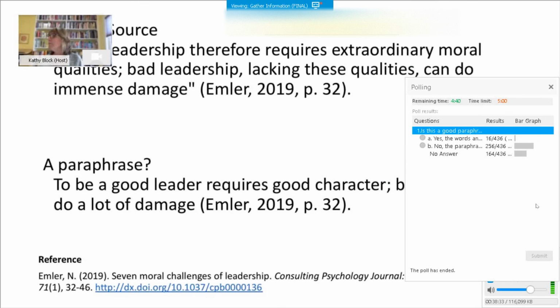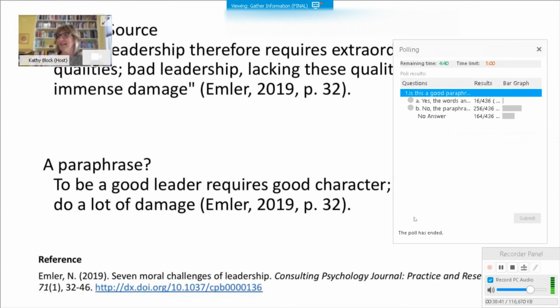Let's look at one more, and we'll run another poll. Actually, we're going to do two more. Here's the paraphrase. To be a good leader requires good character. Bad leaders can do a lot of damage. Is that an effective paraphrase?